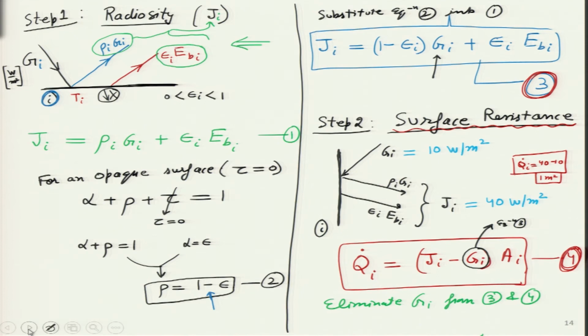So, what will I get? The left hand side remains the same, which is J I is equal to one minus epsilon I, and what was G I?